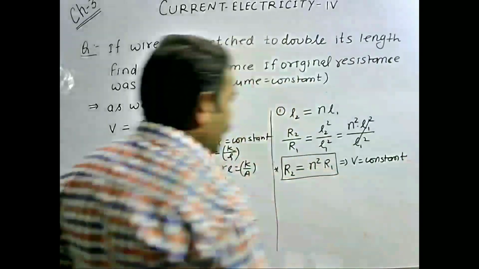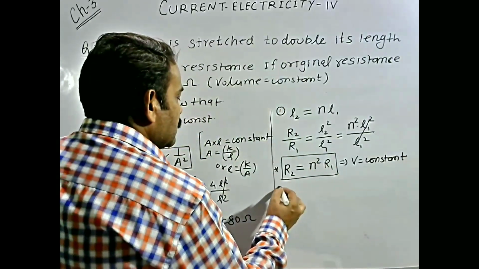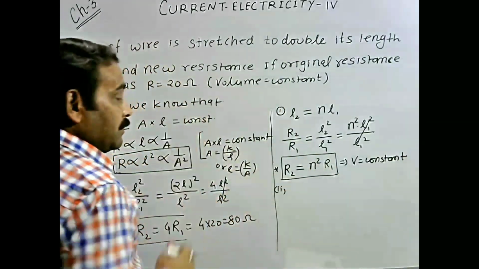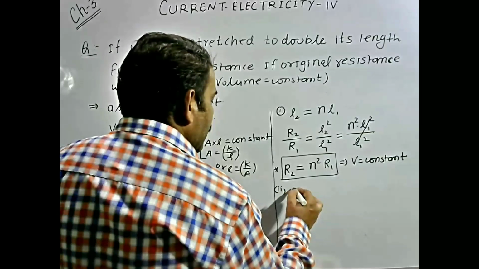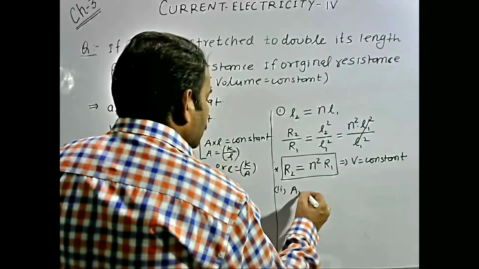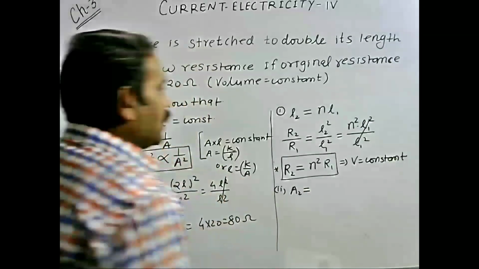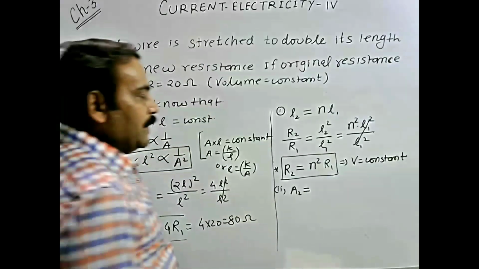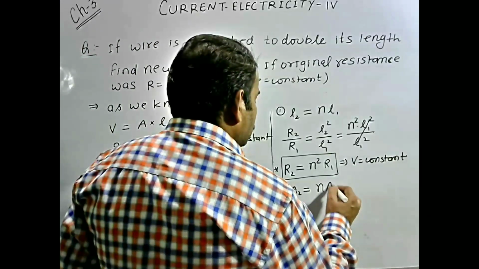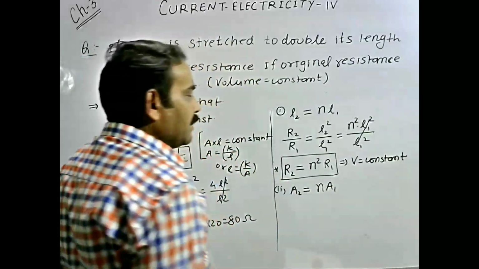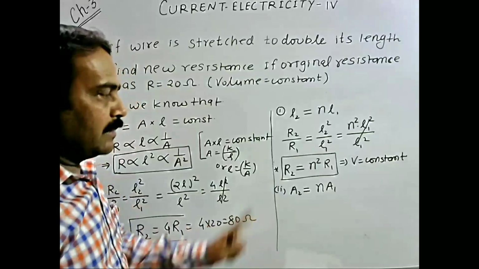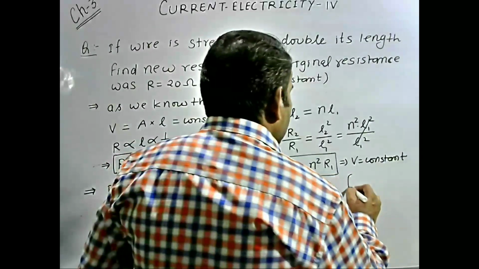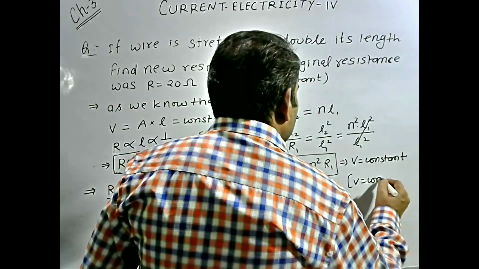Clear? And one more point you also keep in mind, if the area of cross section of the conductor increases to n times the original area by folding, again here volume remains constant, V remains constant.